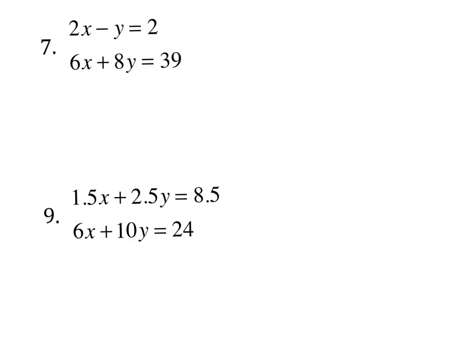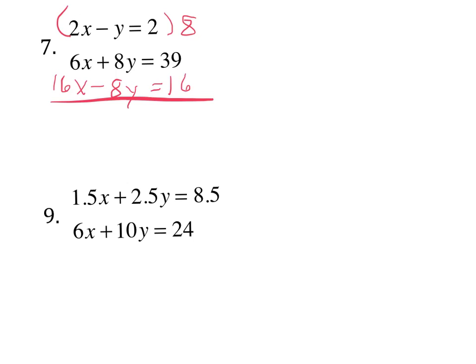For our next 3 problems, we're going to be solving the system of equations using elimination. So it looks like that in this case, y would be the easiest variable to eliminate. So I'm just going to multiply the top equation by 8. And that will give me 16x minus 8y equals 16.